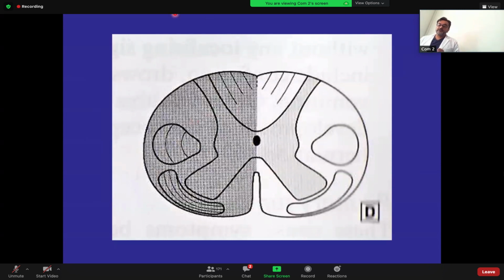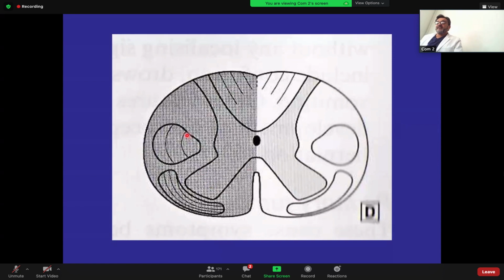This is the hemisection. So you are losing the anterior gray horn cells at the segment where you are having the injury. So at the segment where you are having the injury, you have lower motor neuron type of paralysis. So if it is the C5 segment of the spinal cord, within C5 you are seeing flaccid type of paralysis on the side of the lesion. So if it is the right side, you have an ipsilateral lower motor neuron lesion within the segment of the injury.